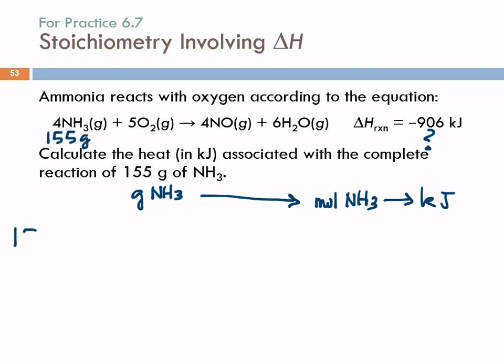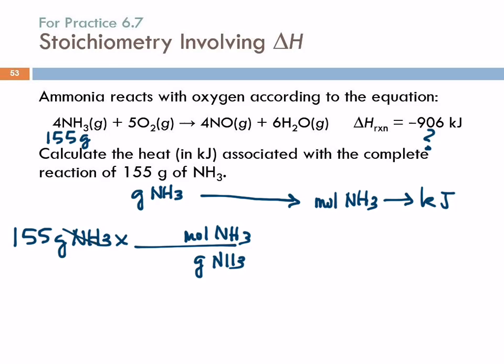So 155 grams of ammonia times moles of ammonia, and it'll be divided by grams of ammonia, so those units cancel out, and times, and we're going to have kilojoules on top and moles of ammonia in the bottom, so those units cancel out.